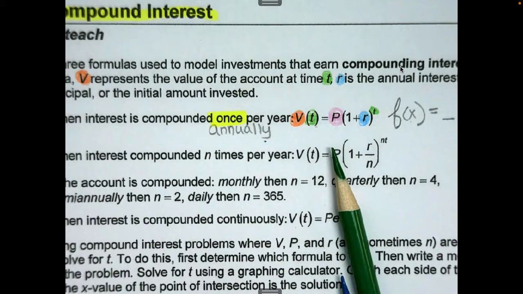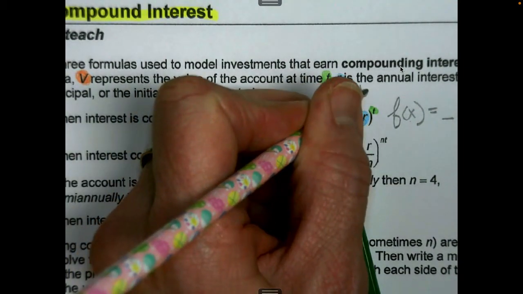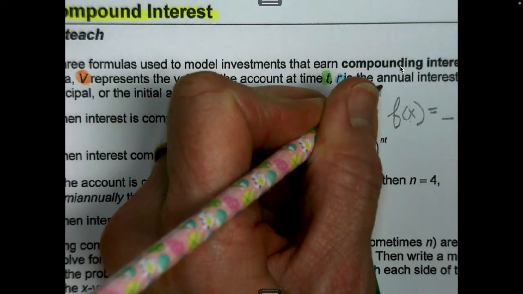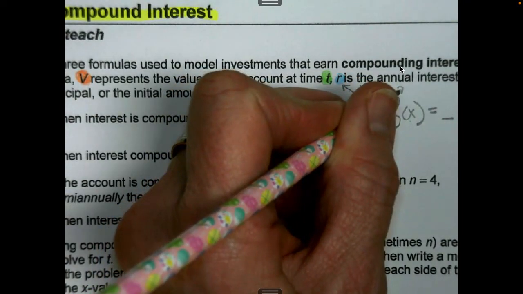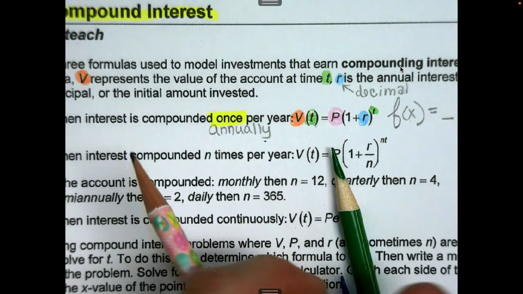While we're waiting, you can't see, there we go. Okay, another thing to note, R has to be a decimal. They give you the annual interest rate as a percent, but when you put it in the formula, you need to put it in as a decimal.